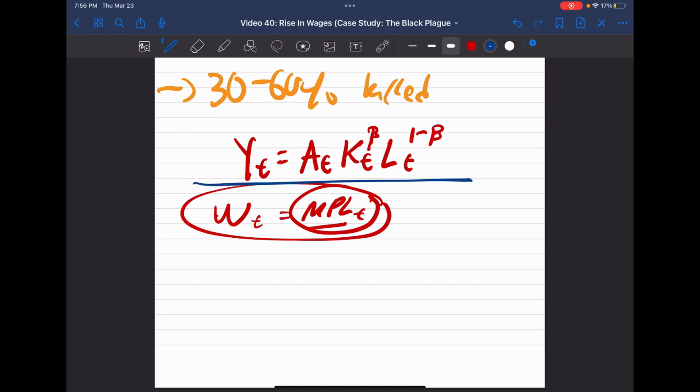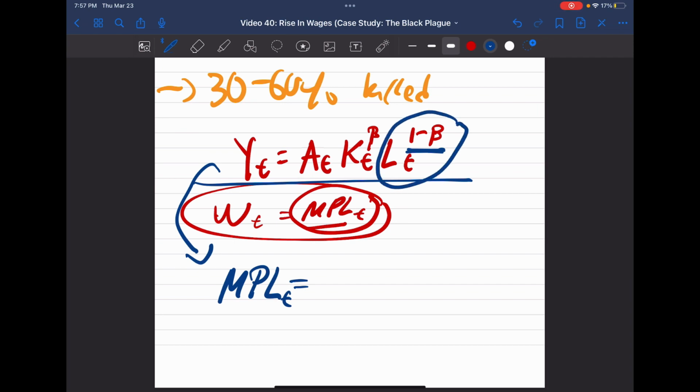In that case, we just use calculus. We take the partial derivative, and then we arrive at our marginal product of labor. So let's do that now. The marginal product of labor at a time t equals the partial derivative with respect to labor.